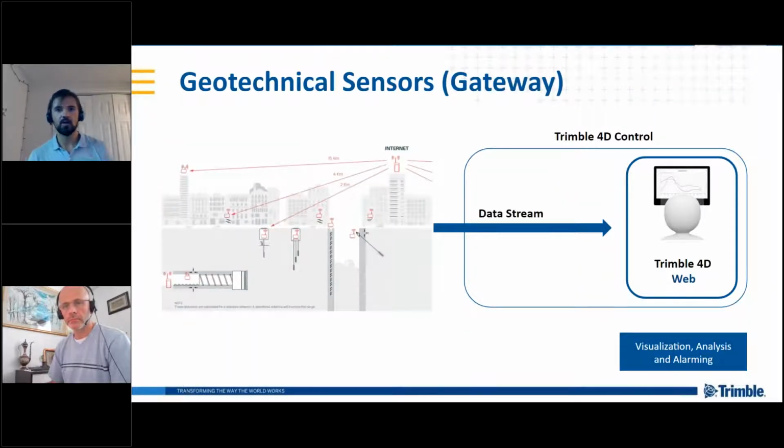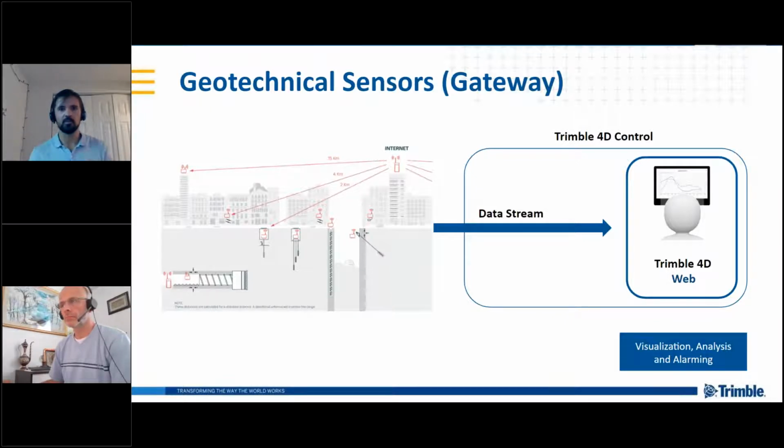And then the second type of geotechnical sensor workflow using T4D is through what we call the gateway method. So this is where we typically have a variety of sensors on site that are all communicating data to a central gateway, and then that is streaming data to T4D web.